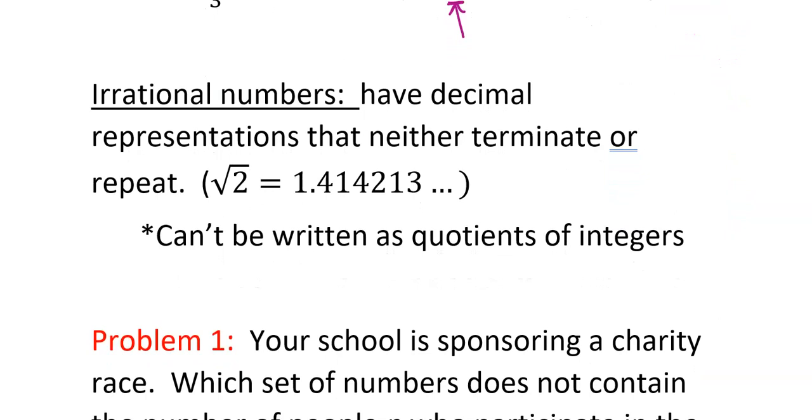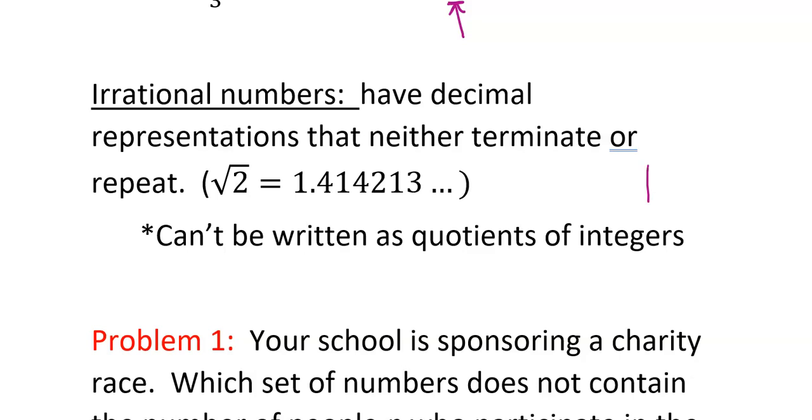Irrational numbers have a decimal representation that neither terminates nor repeats. So terminate has an end, but these keep going, but they don't repeat. These numbers cannot be written as quotients of integers. So irrational numbers are all the square roots.